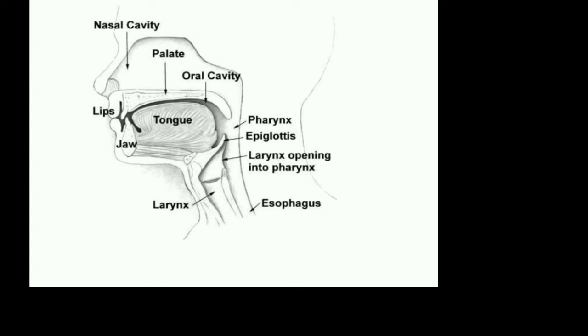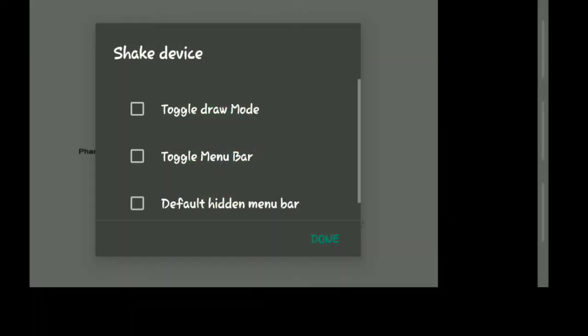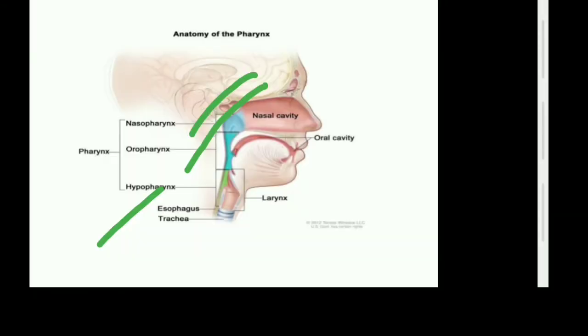The pharynx is divided into three parts, as you can see in the picture: the nasopharynx, oropharynx and hypopharynx, or laryngopharynx. The nasopharynx is the nasal part of the pharynx and lies behind the nasal cavity.